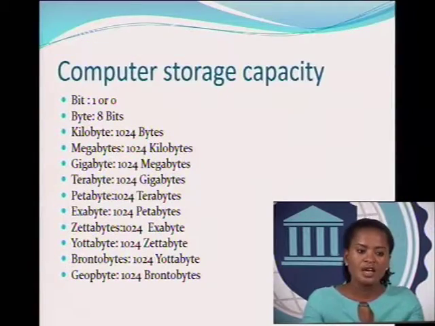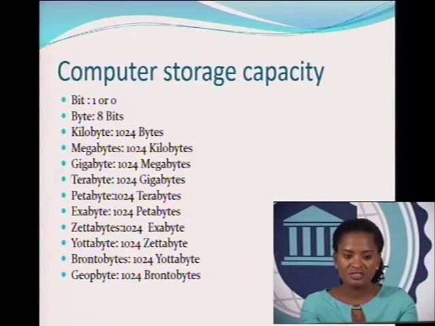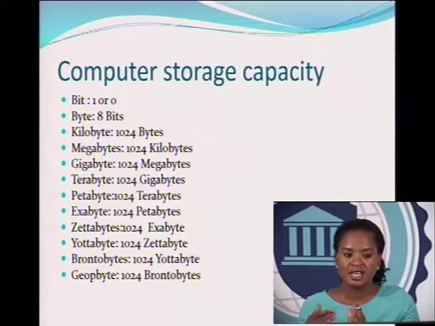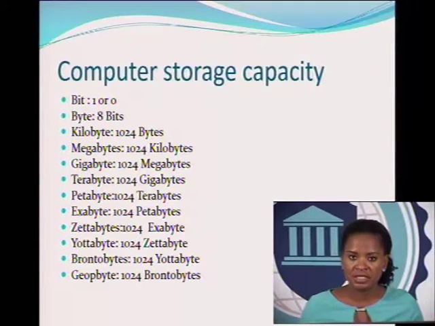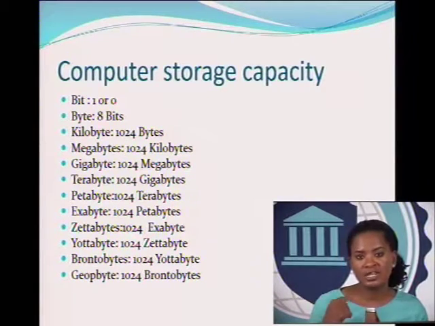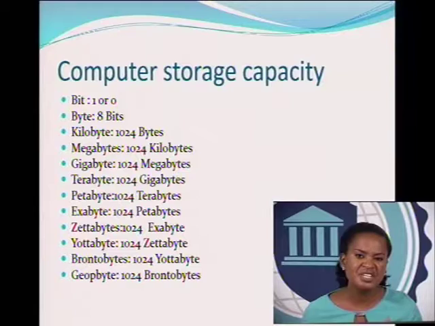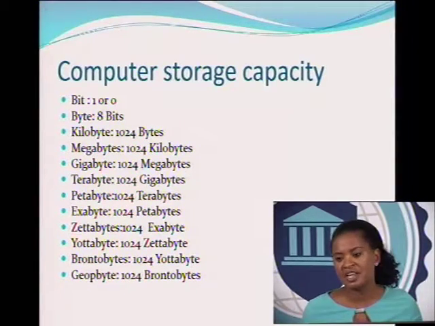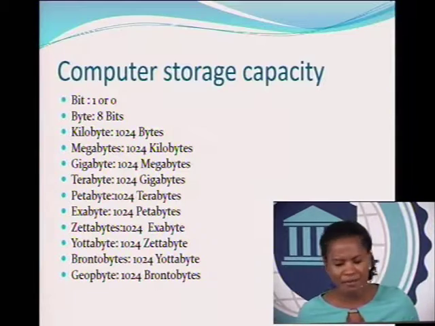The storage capacity of these devices is measured in a measuring unit. The smallest measuring unit of computing devices is called a bit. A bit is very insignificant. It's so small that you hardly find somebody saying, my memory stick is 10 bits.